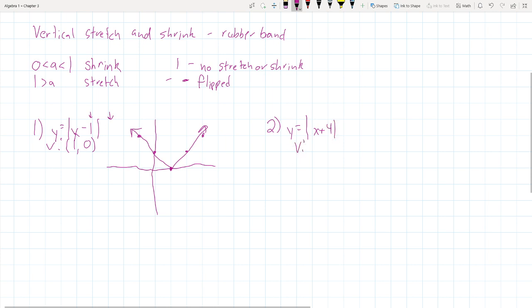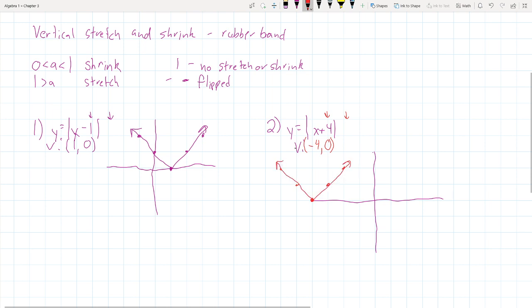My vertex is again this value, but this value winds up being negative 4. Then there's nothing out here, so it's 0. And so my vertex is at negative 4, 0. So I go 1, 2, 3, 4, put a dot, up 1 over 1, up 1 over 1, go in the other direction, and I have my graph.